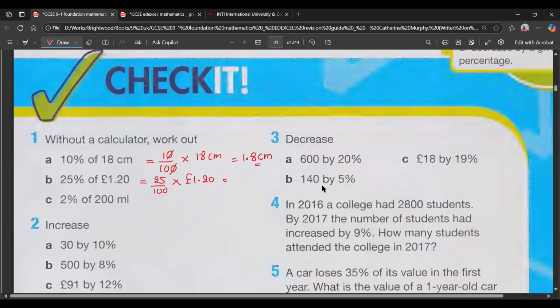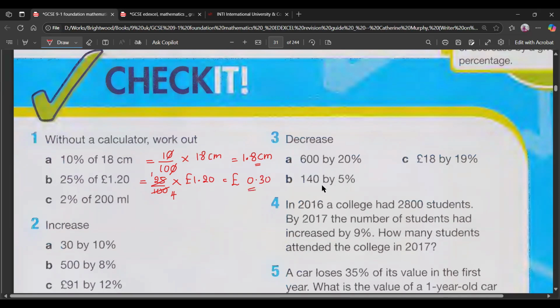Cancellation. 4 times 25 is 100, and 120 divided by 4. It is actually what? For 12, it is 0.30.